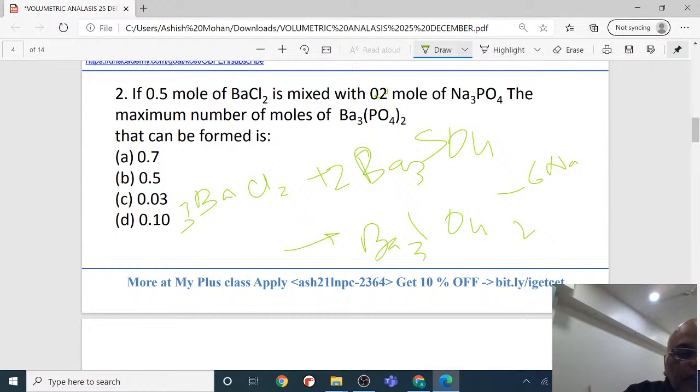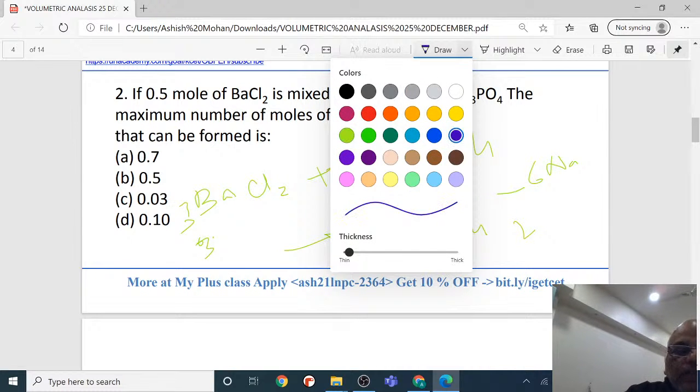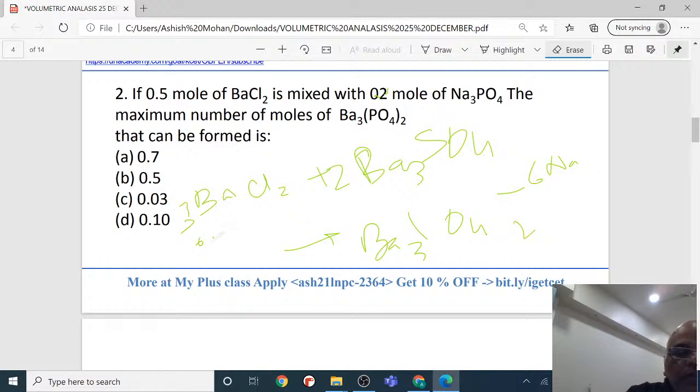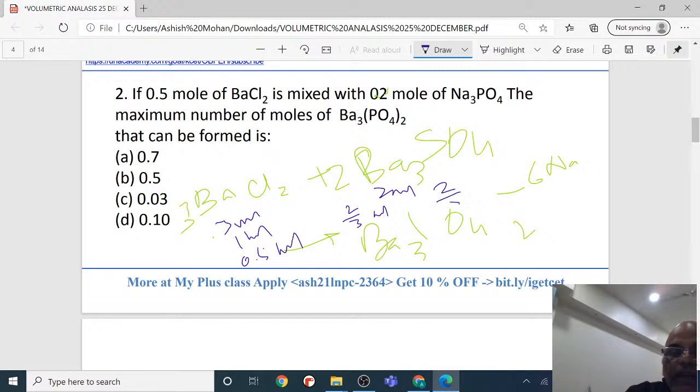If you look here, 3 moles of this, 2 moles of this, so 1 mole of this requires 2 by 3 mole of this. 0.5 mole of this requires 2 by 3 into 0.5, that is 0.33.